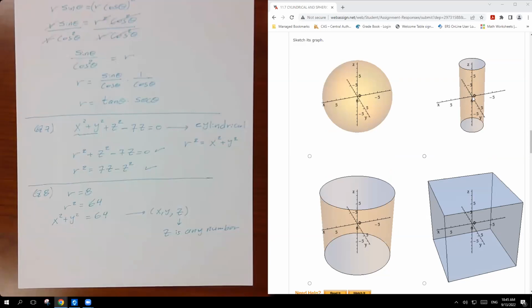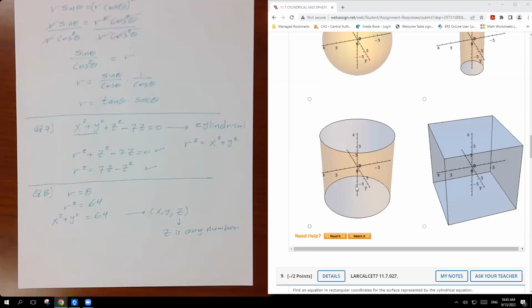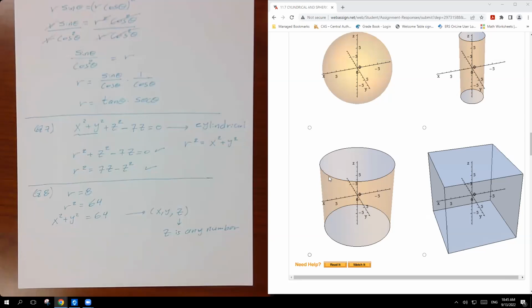Let's check the radius. The radius is 8. Let's look at this one. This is less than 5, so we can choose this one. If you look at this cylinder, we check here the radius is 8, 8, 8. So the circle here is right. Z is any number, so we're going to choose this one.